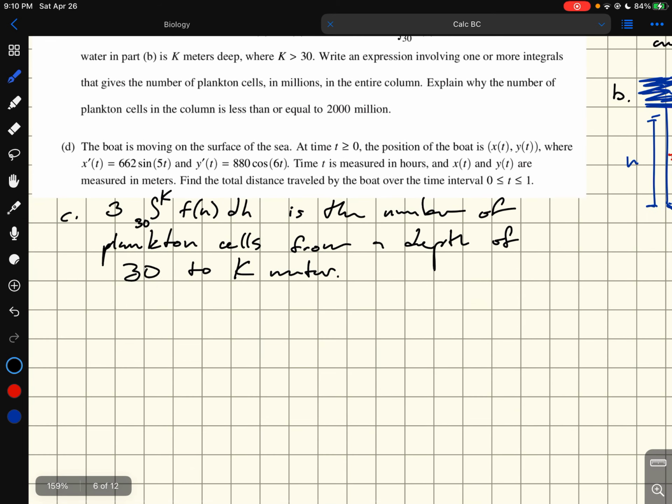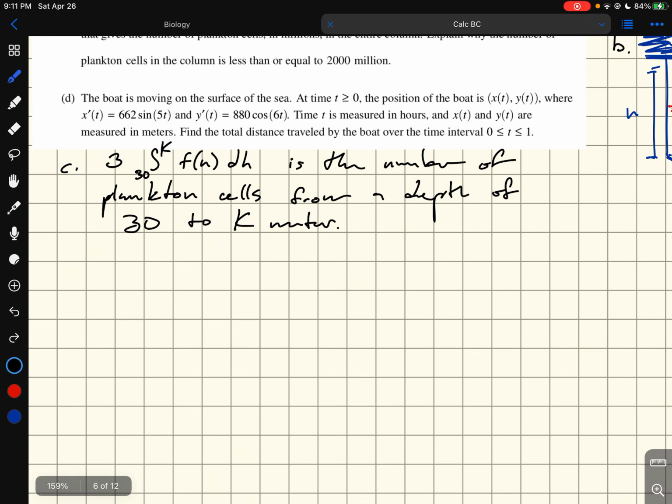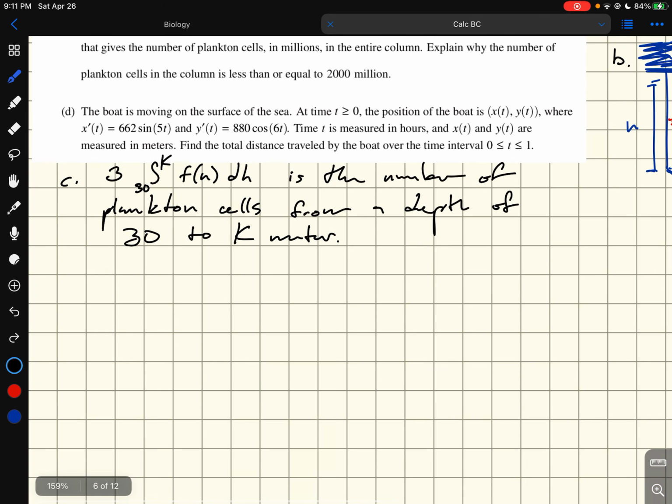So in the entire column, we have to add this plus our number of plankton for the depth from 0 to 30. So going from 0 to 30 and then 30 to k is our number of plankton in the entire column.